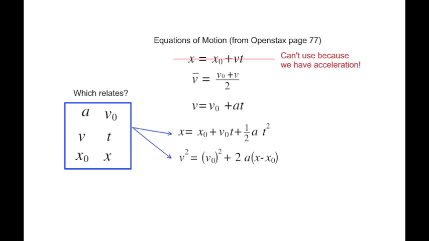So now I'm going to look at my equations of motion and find the one that combines these six variables: acceleration, initial velocity, final velocity v, time t, x0, which is the starting point, and x, which is the thing I'm solving for. And if I look at them, I have actually two to pick from.